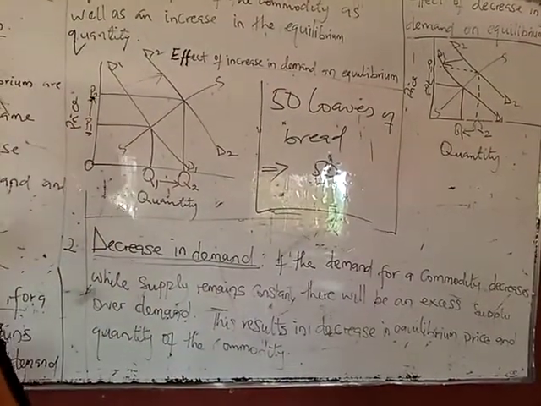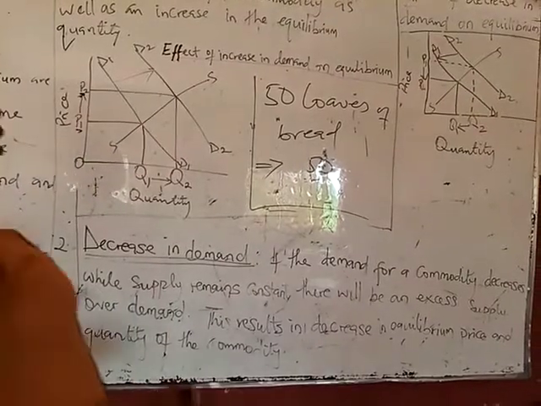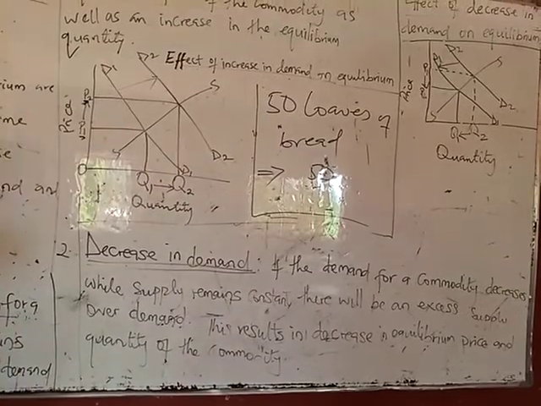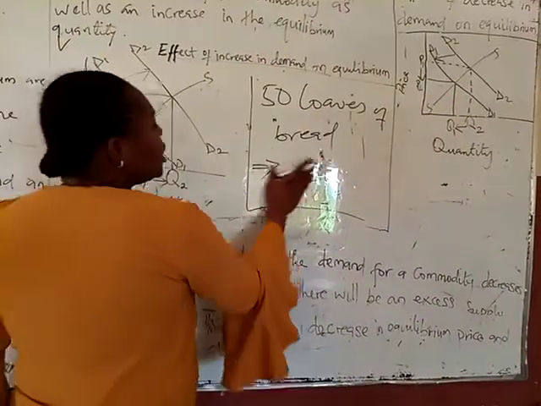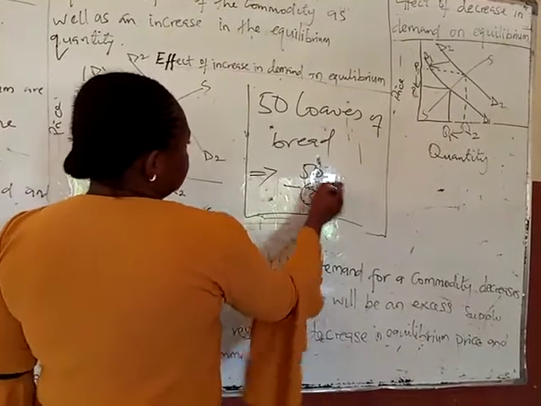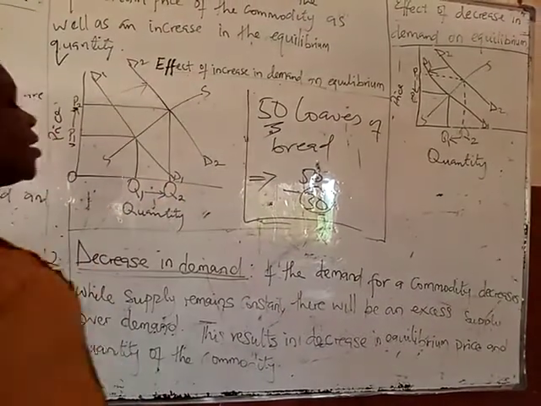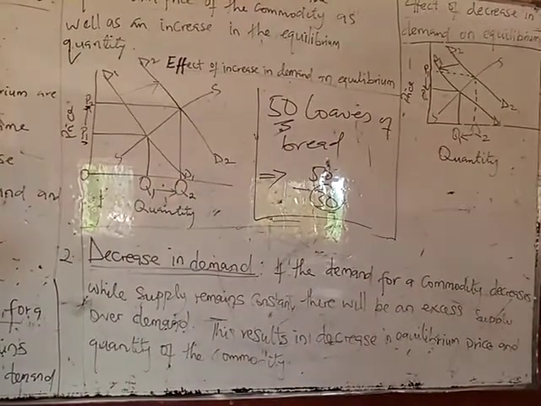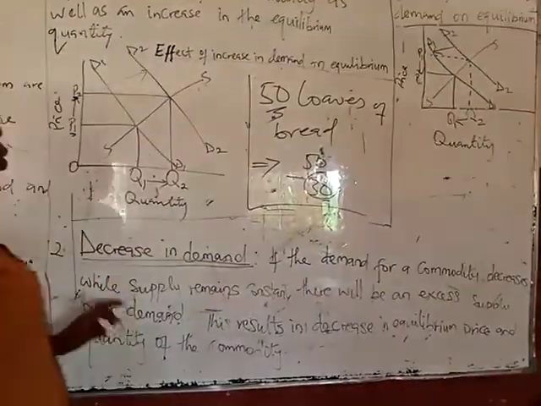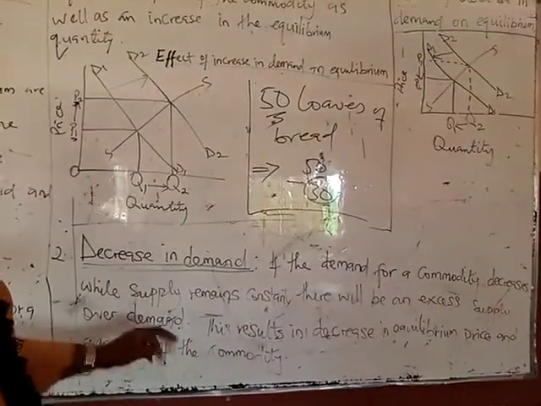Then at a time, it happened that the number of persons needing the bread reduces from 50 to 30. Do not forget that the supply is still constant, still at 50. In this case, what happens? If the demand for a commodity decreases while supply remains constant, there will be an excess supply over demand.